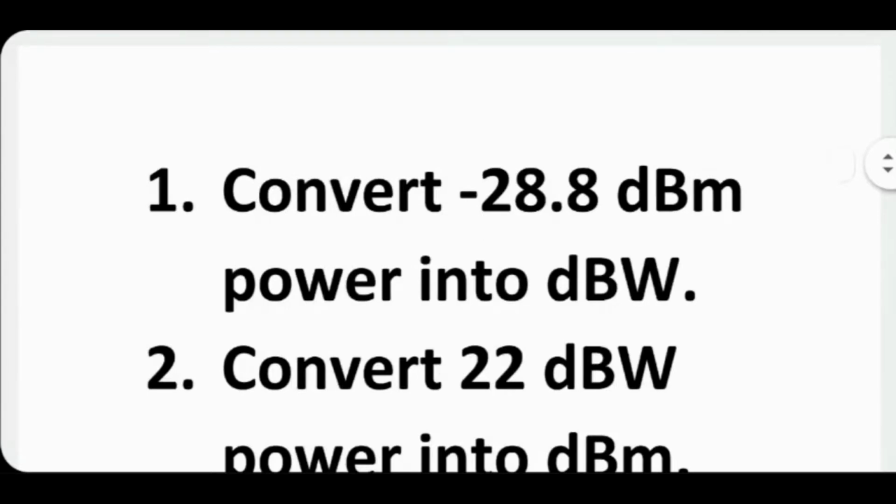Question number 1, I hope some of you can give me the answer right away. Minus 28.8 dBm, how many dBWs would it be? There is a definite relationship between dBm and dBW for the same power level. dBm value is 30 dB higher than the dBW value.